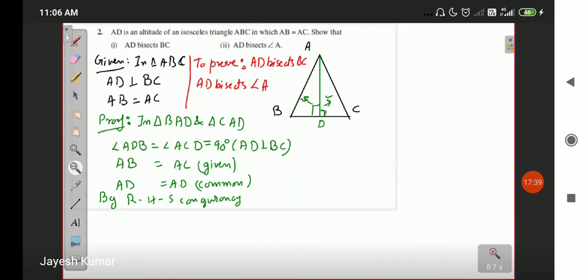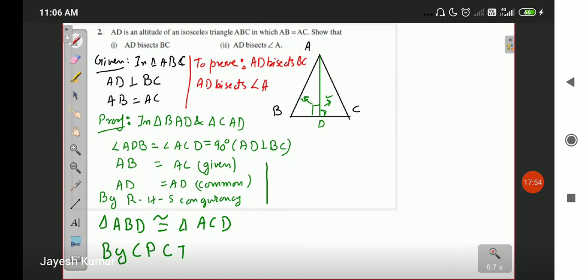Triangle ABD will be congruent to triangle ACD, and by CPCT again, corresponding parts of congruent triangles, you can say that BD is equal to DC. Why?